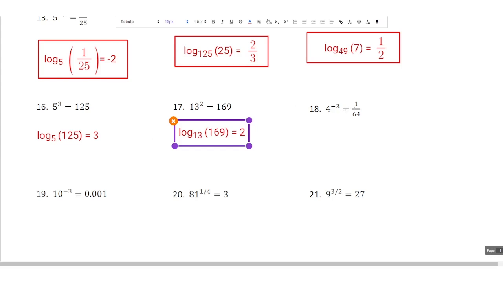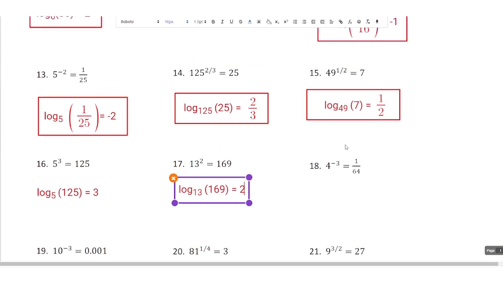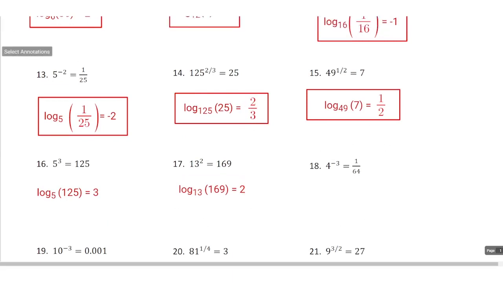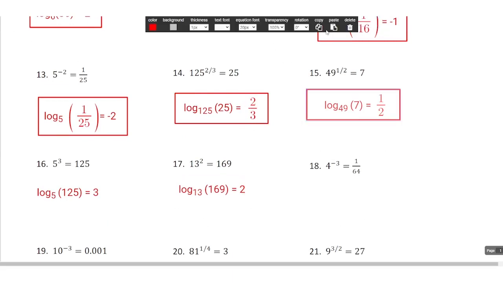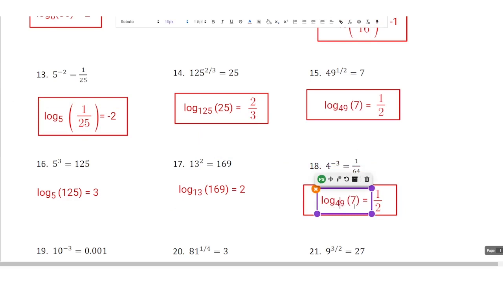Number 18 is going to have a fraction here, and you can see it's going to be kind of like number 14 and 15. So I'll just copy and paste that answer here and change the numbers as necessary. So we have log base 4, base is 4 here, of 1 over 64. So I'm actually going to leave some space here so that I can include that. This probably would have been better to copy number 13 versus number 15. That's okay, no big deal here.